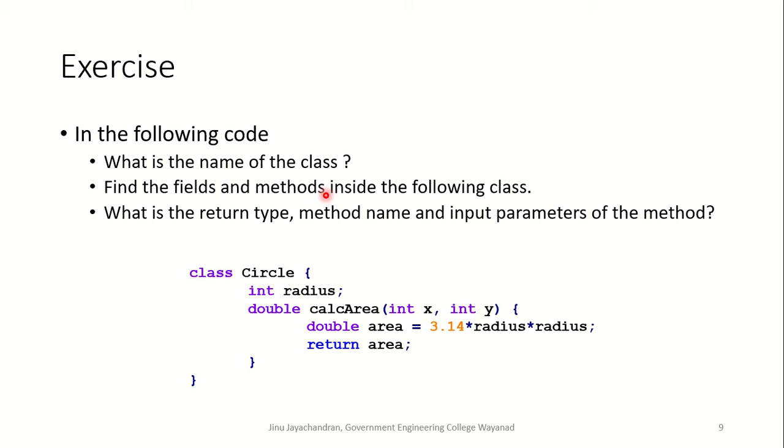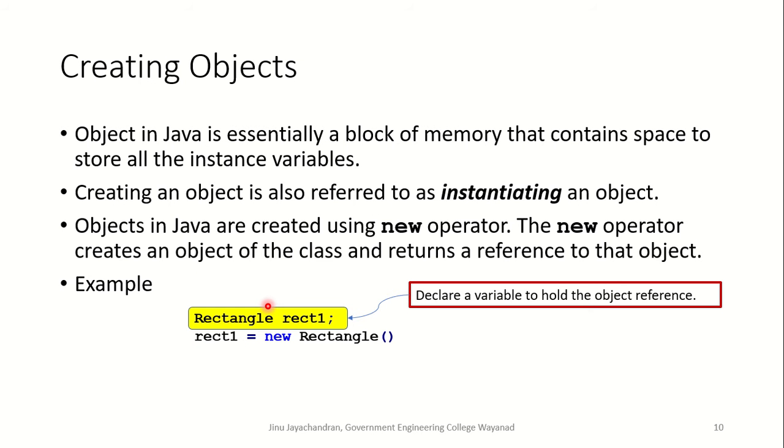You want to find the name of the class, the fields and methods inside the class, and the return type, method name, and input parameters of the method. Now let's move forward.